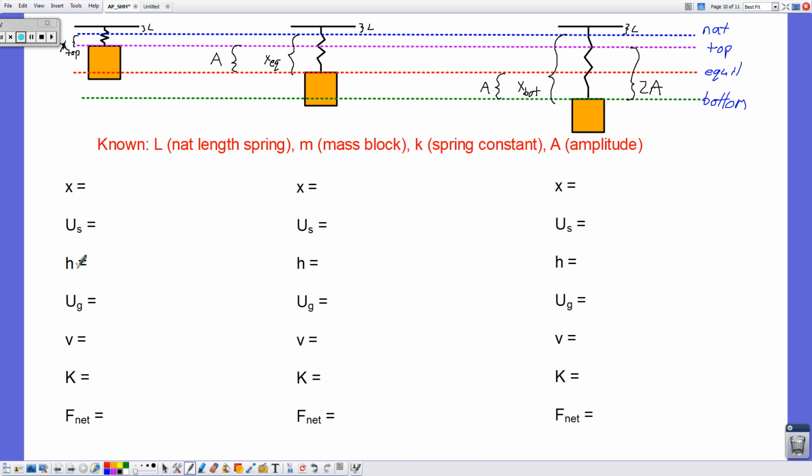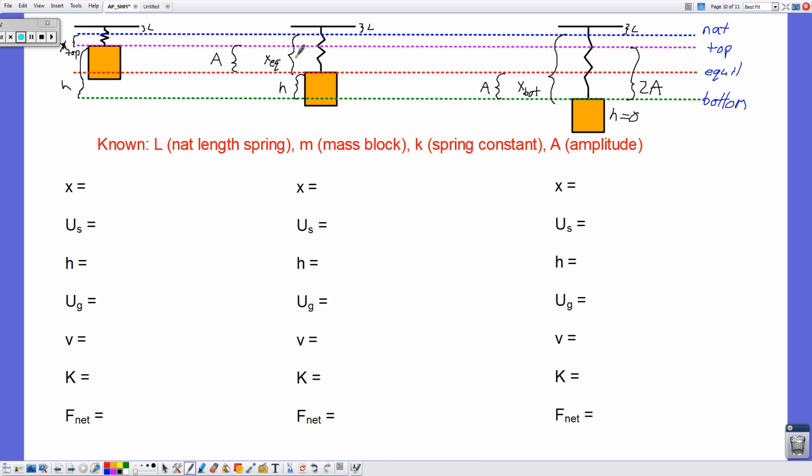Also the height, where height is measured from here. That's height, and this would be h equals 0. Give me the gravitational potential energy of each of the three positions. Give me the speed, the kinetic energy, and the net force at each of the three positions.